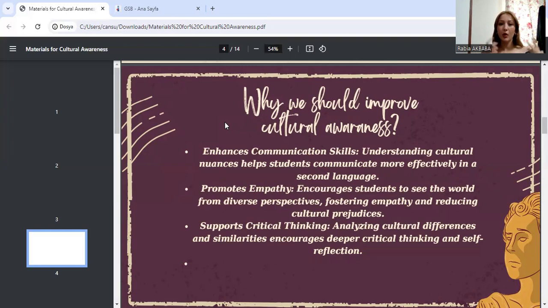So you not only focus on your target language, but also your native language when you improve that cultural awareness. And it promotes empathy, as I said before, encouraging students to see the world from diverse perspectives, fostering empathy and reducing cultural prejudice.